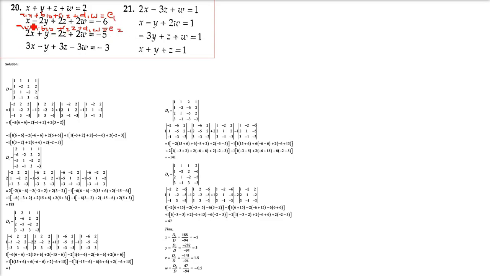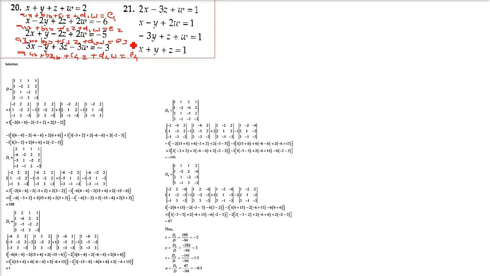Third one we are comparing with A3x plus B3y plus C3z plus D3w equals E3. Then A4x plus B4y plus C4z plus D4w equals E4.